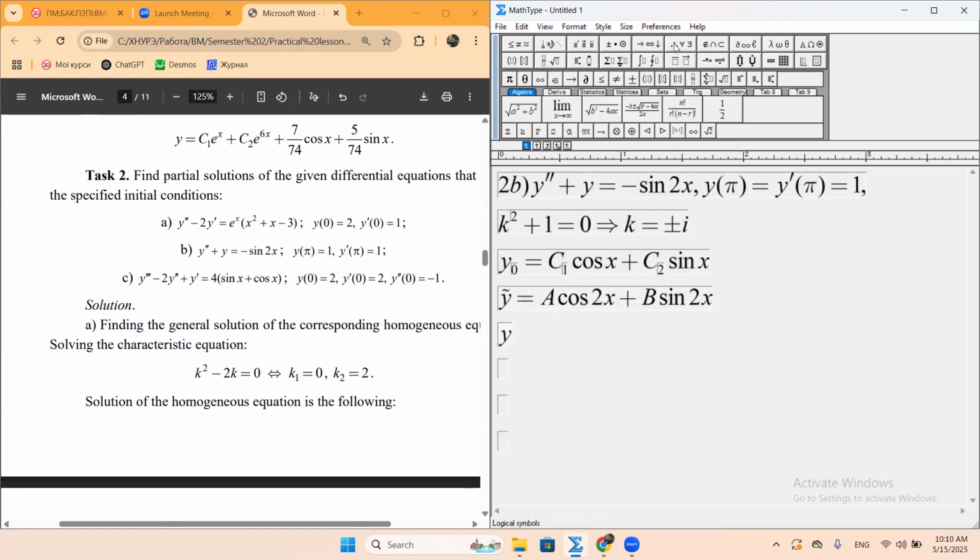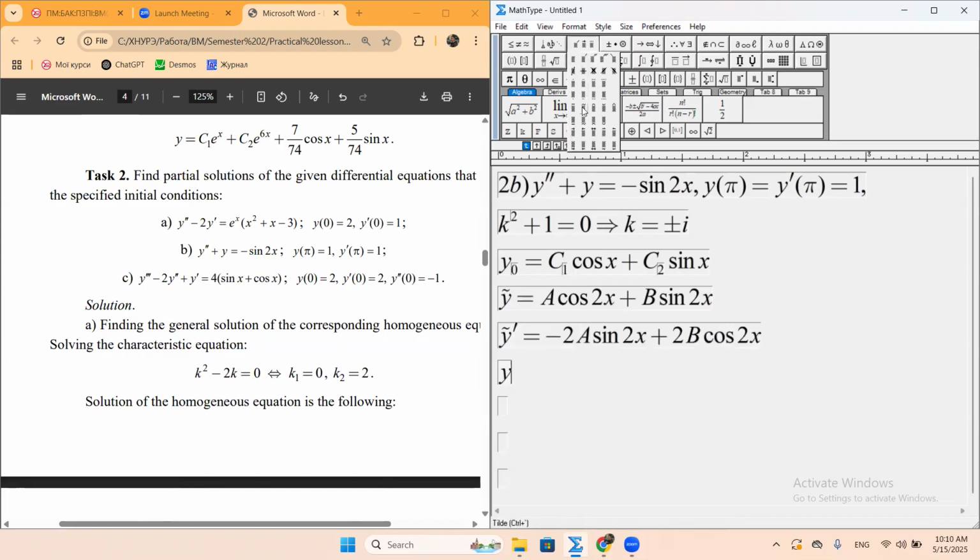Differentiating it twice. So y prime equals minus 2a sine of 2x plus 2b cosine of 2x. Then y double prime equals minus 4a cosine of 2x minus 4b sine of 2x.